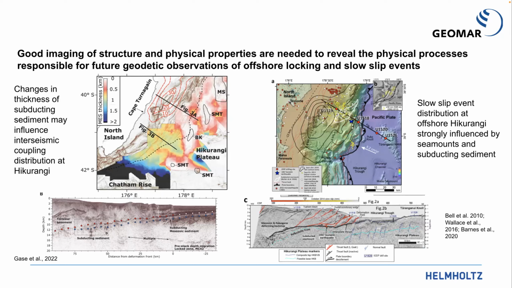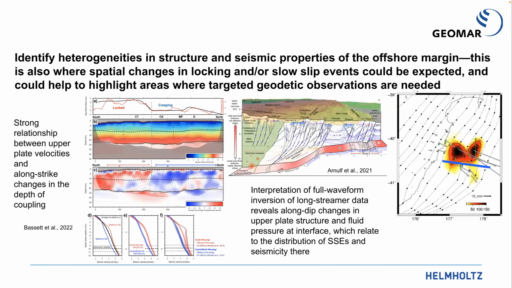That's been shown in several papers in the last several years. So to put this into context and to get a handle on the physical processes behind what we observe geodetically, we really need good imaging. It's critical. Next slide.